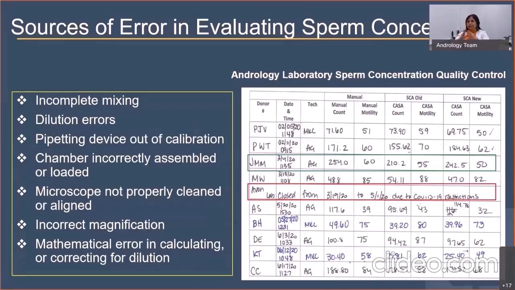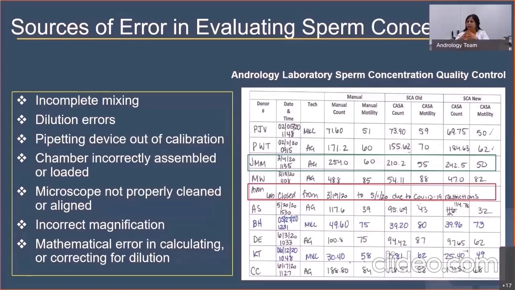On the right side, I provided an actual quality control from our laboratory, where we do weekly quality control with a normozoospermic sample, which is a normal subject or a donor. In the green box, you will appreciate that the manual count and manual motility is performed, and the same sample is then run on a computer-assisted semen analyzer.